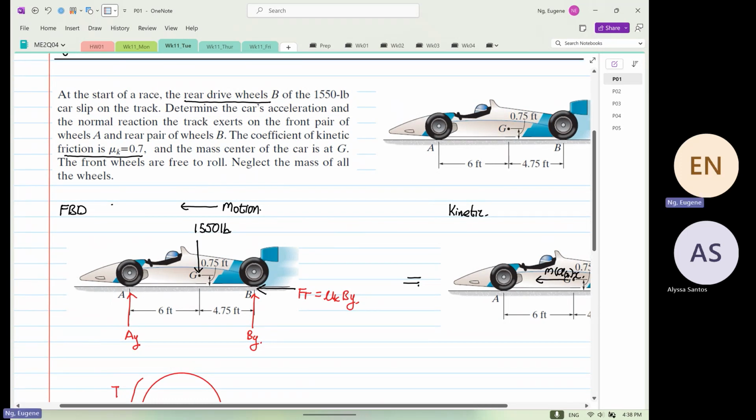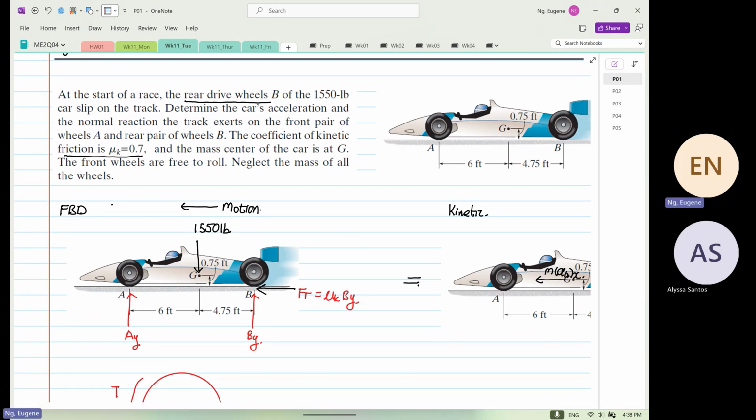there's a term that you see over here. So what we're going to do is determine the car's acceleration and the normal reaction the track exerts on the front pair of wheels, and also the rear pair of wheels.